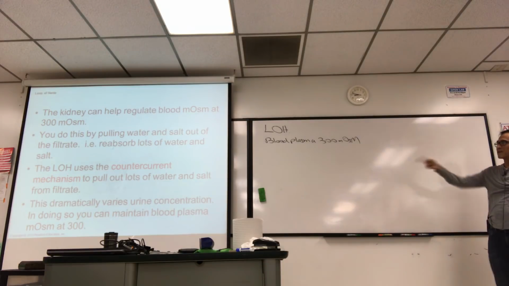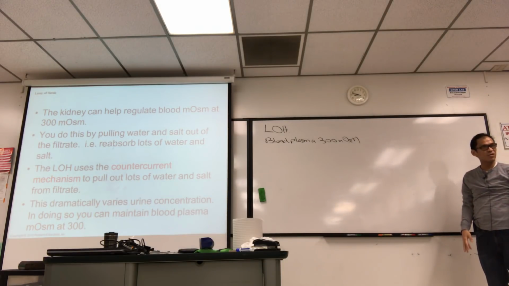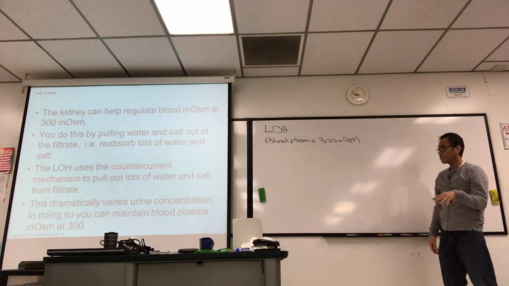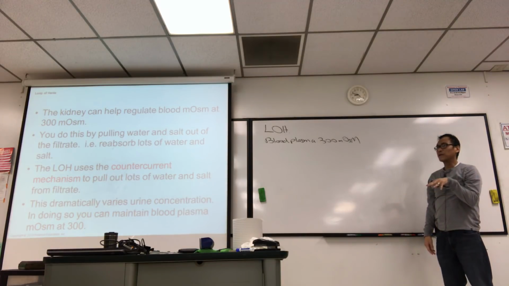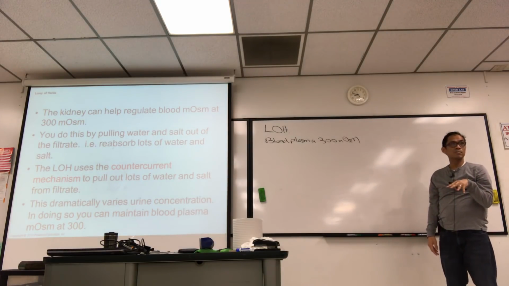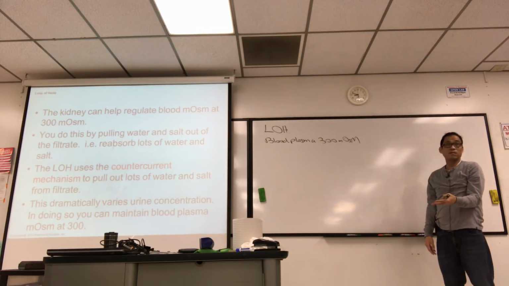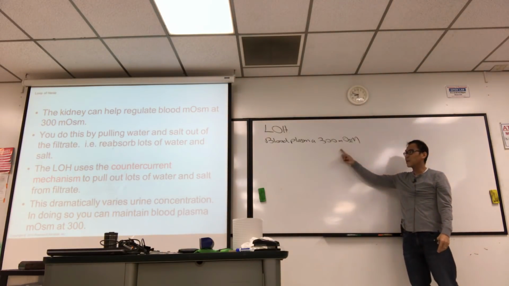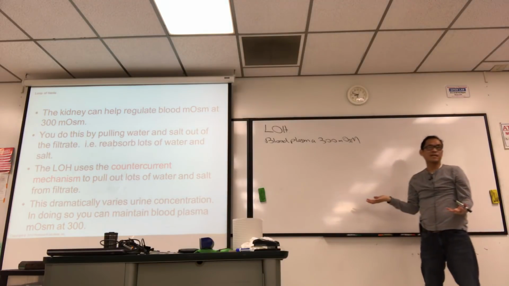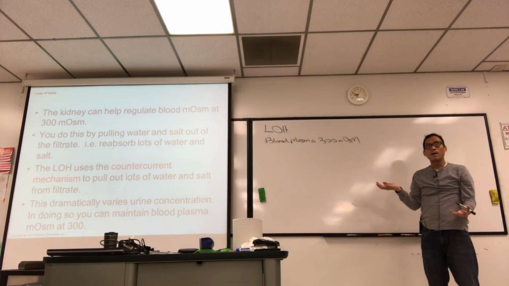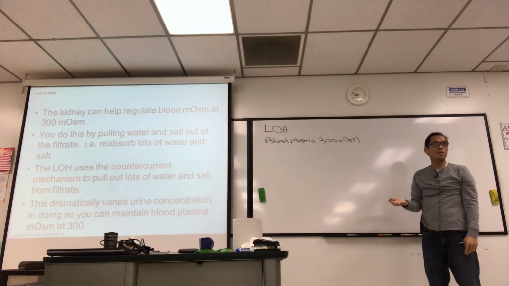And the number 300 may not mean anything to you. Let me see if I can put it in perspective. Plasma is almost like water. Okay, it's straw colored, but it's almost like water. It's very dilute. So think of this as a dilute number. It's like saline. Saline is 0.9% NaCl.